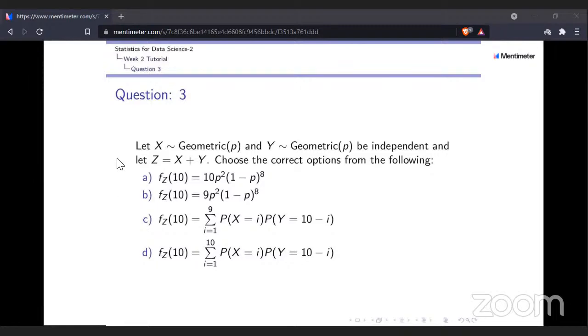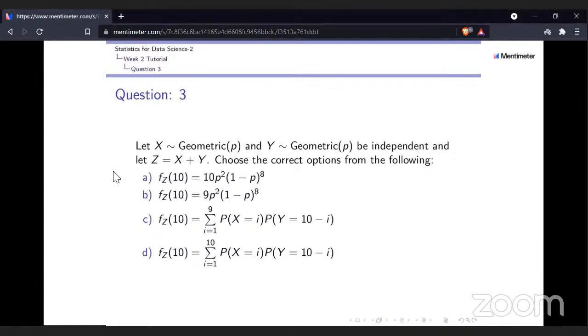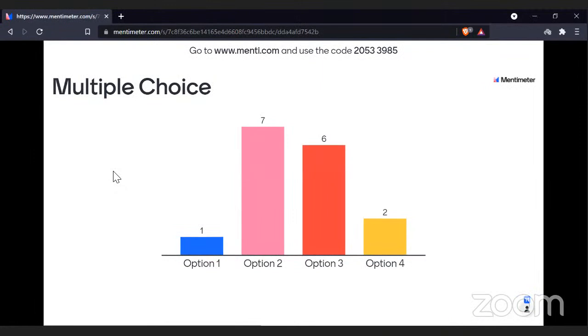Yes, ma'am. Okay. So most of the people have answered options 2 and 3. The correct answers are 2 and 3 both, right? Yes, both.